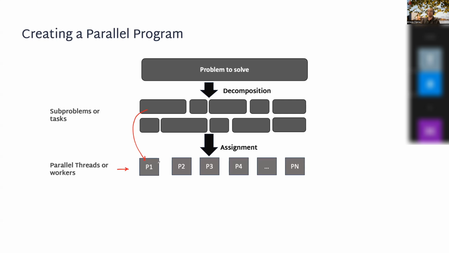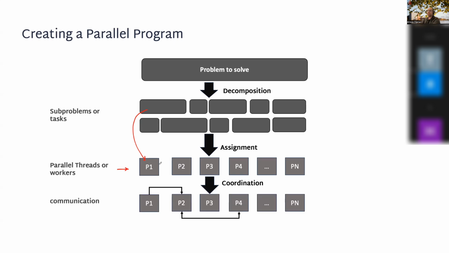And then you need to manage the threads because the number of tasks might be more than the number of processes. Then you need to carefully schedule each task to a corresponding thread or process. And after you did that, you need to do some sort of coordination.